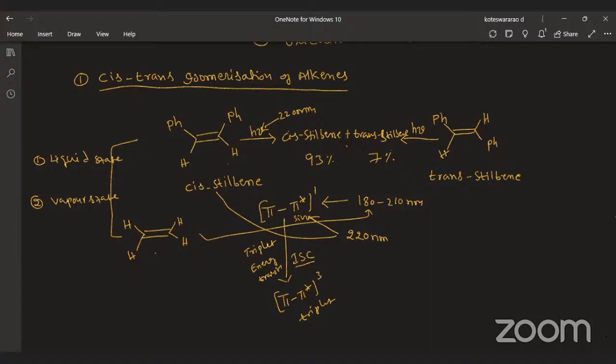When you take the starting material in the liquid state, the cis-trans isomerization reaction takes place very predominantly.